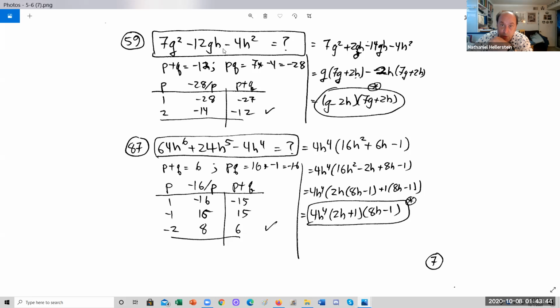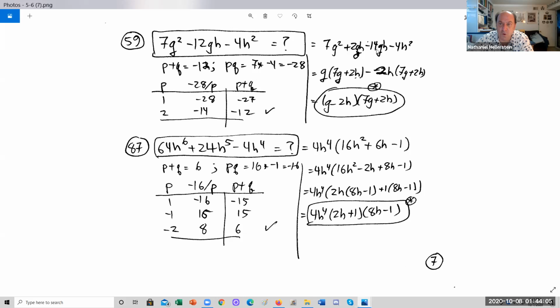So we'll write this 12gh as 2gh minus 14gh right here. 7g squared plus 2gh minus 14gh minus 4h squared. These first two terms have a common factor of g, times 7g plus 2h.